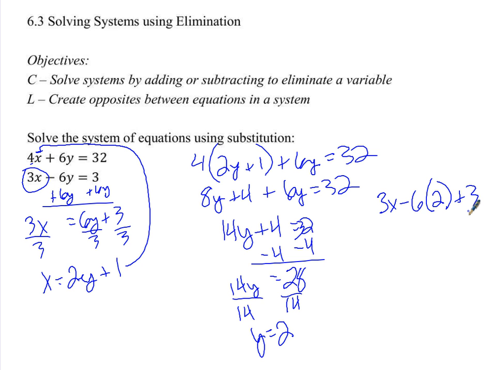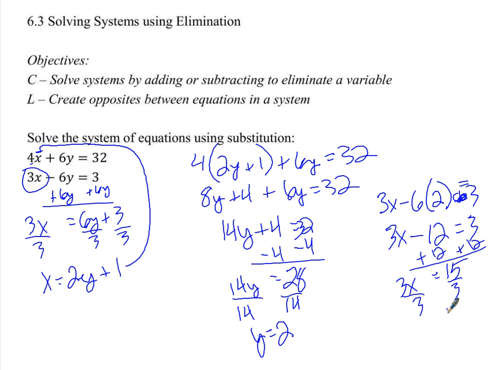Okay, what happens now? This is the bottom equation, so we're going to write 3x minus, this equals 3, sorry. 12. Okay, solving for x. Add 12. 15. Divide by 3 and we get x equals 5.